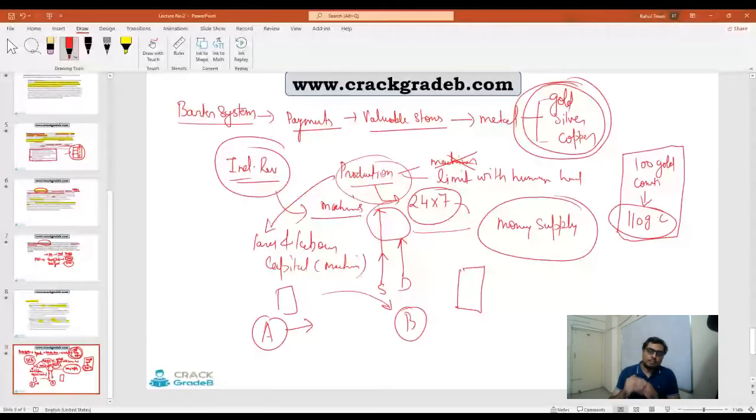And gradually these papers themselves were used for transaction purposes. Initially, transactions were made in gold and silver. But gradually, because they were in circulation, these papers started being used by individuals.